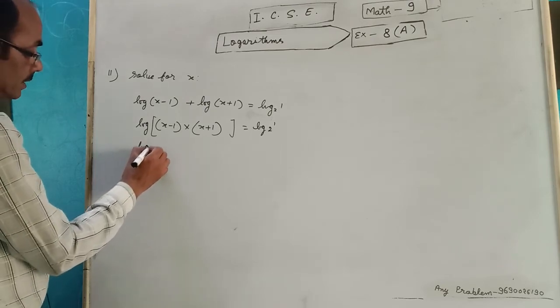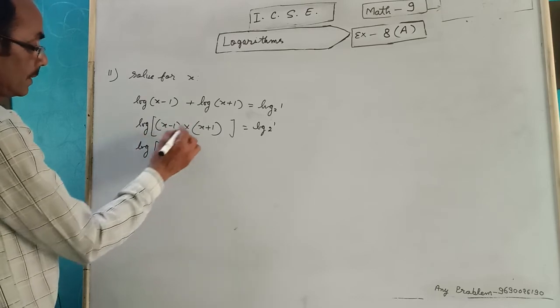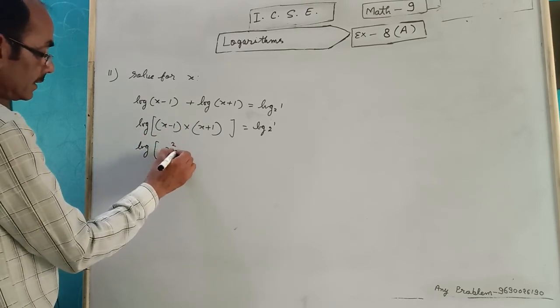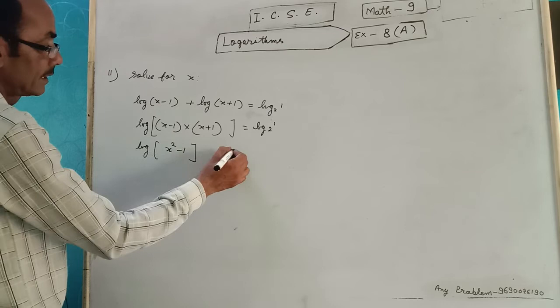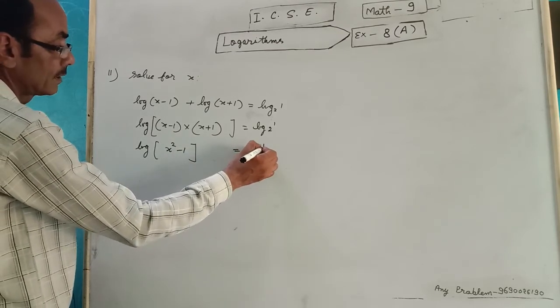After multiplying, it will be plus and minus. x square minus 1 is equal to log base 2 of 1.